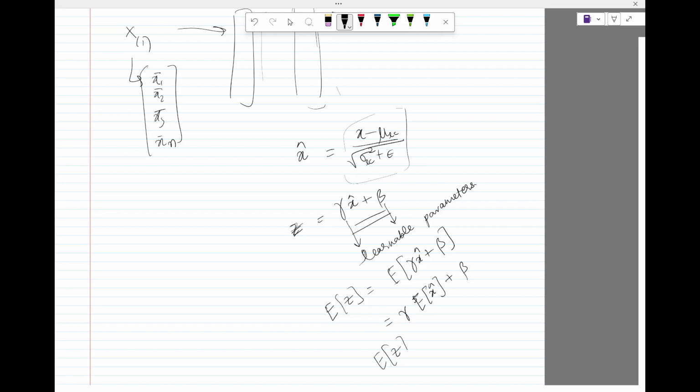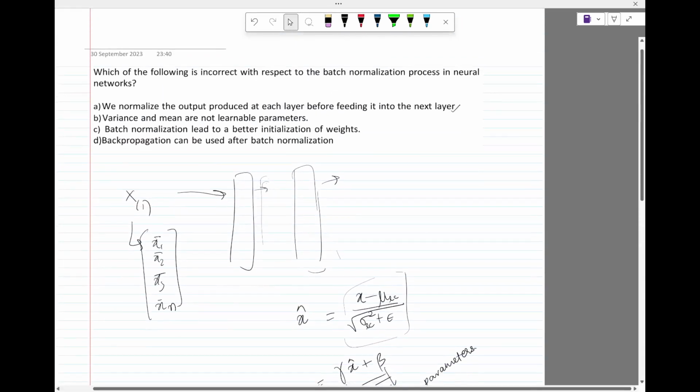So the expected value of z will be beta. So now, because beta is a learnable parameter, you are actually learning the mean. Similarly, you can look at the variance also. So this option is incorrect, or you can say this is the correct answer.